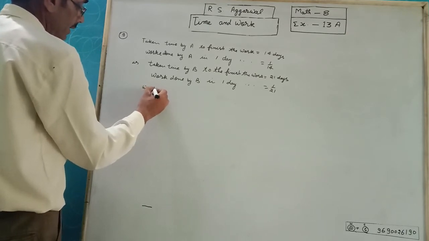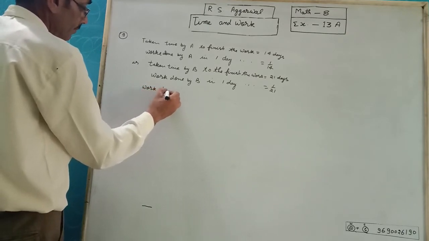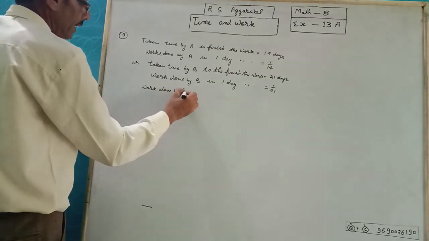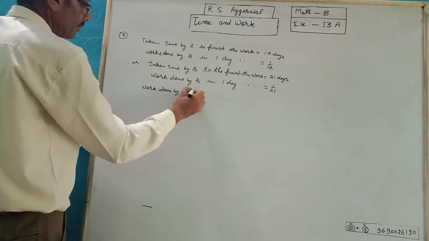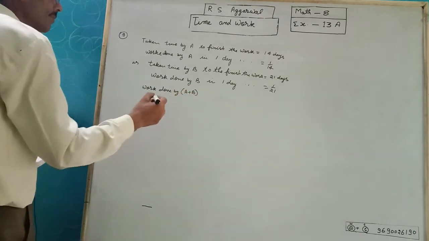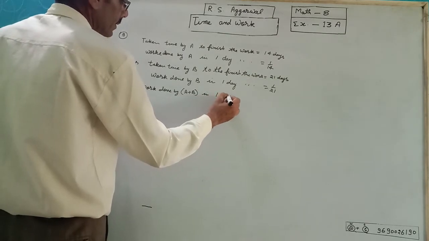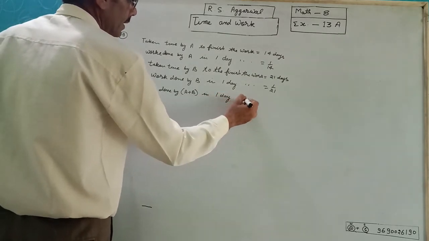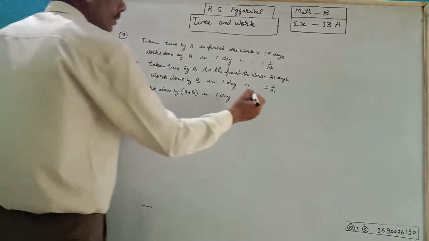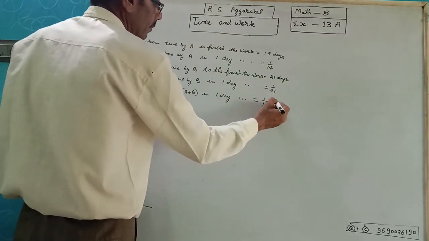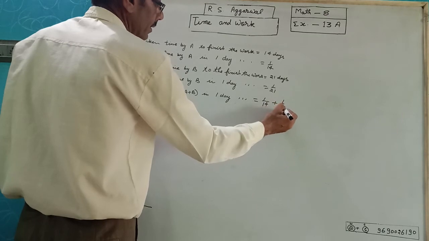Work done by A and B in one day is equal to 1/14 plus 1/21.